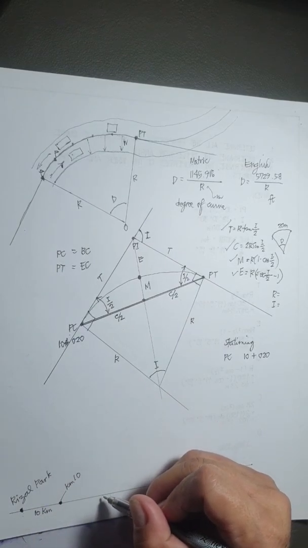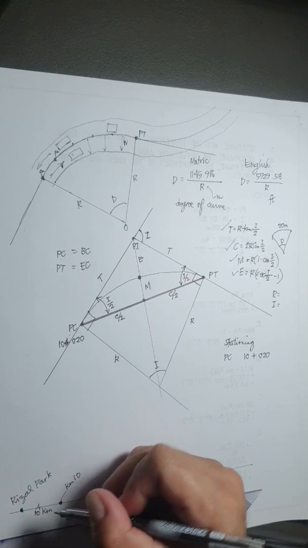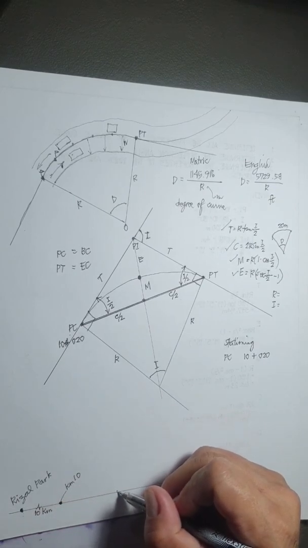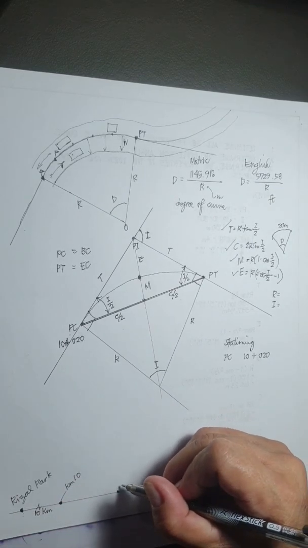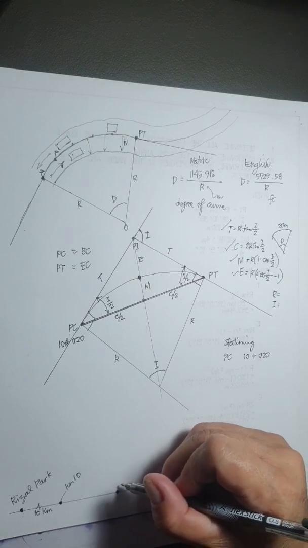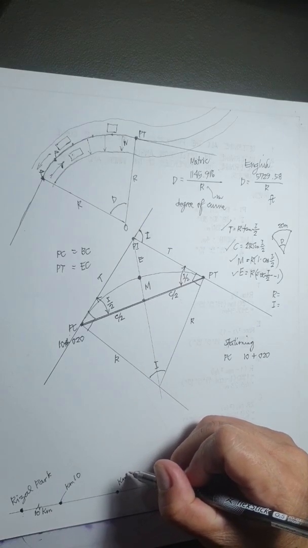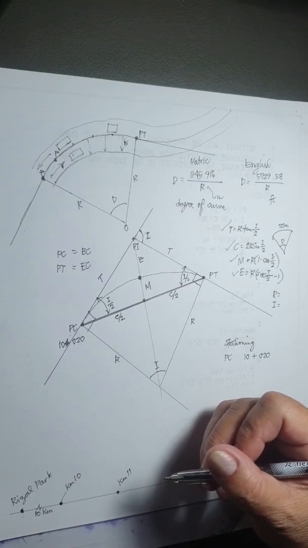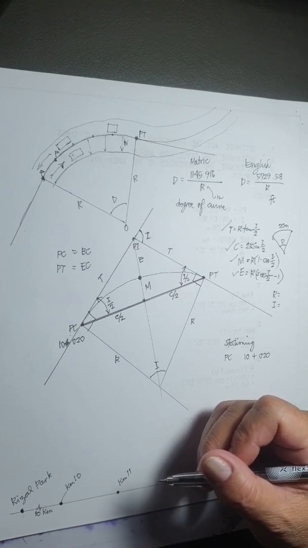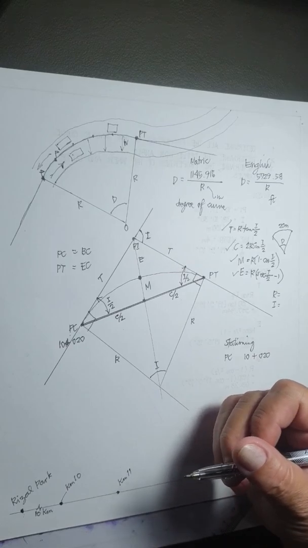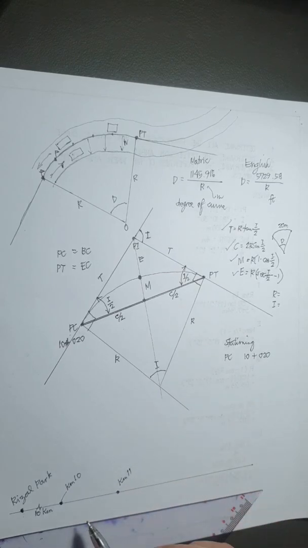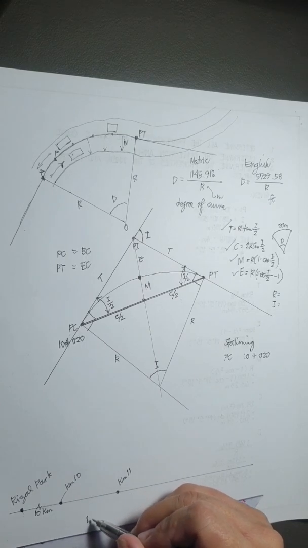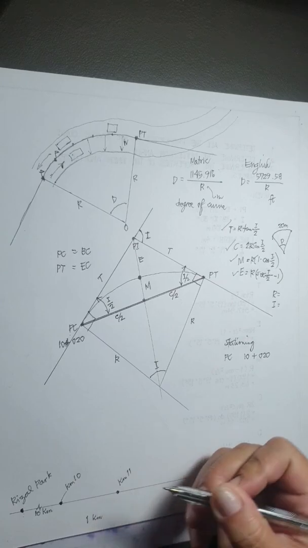Now, paano mo nga i-measure si kilometer? Kunyari, nasa kilometer 11 ka na. Ang 1 kilometer, mahaba yun. Kung ikaw ay nasa site, at sasabihin sa'yo, gumawa ka ng straight line, mahirap gawing straight kagad yung 1 kilometer. So, what do you do?